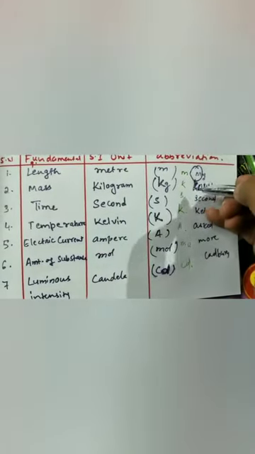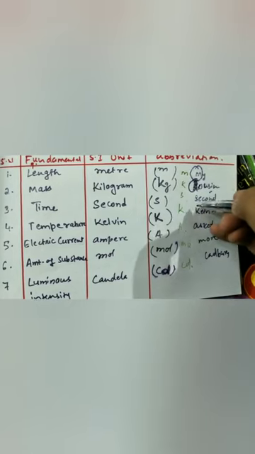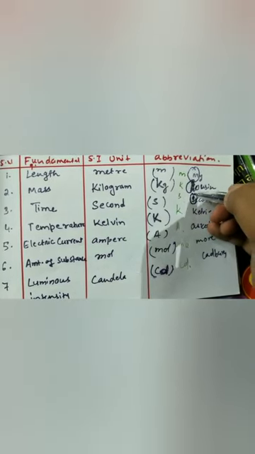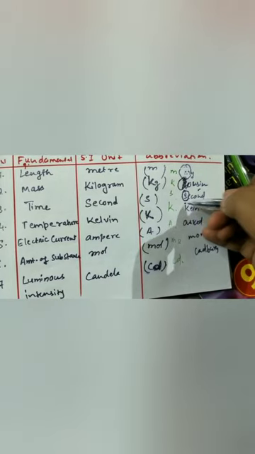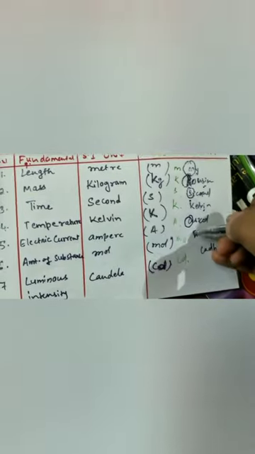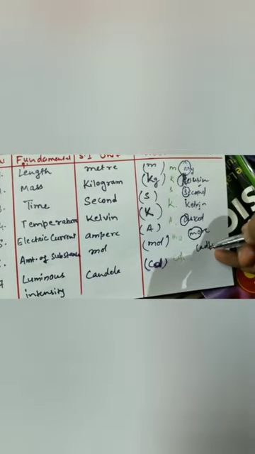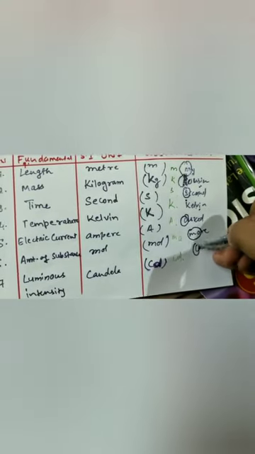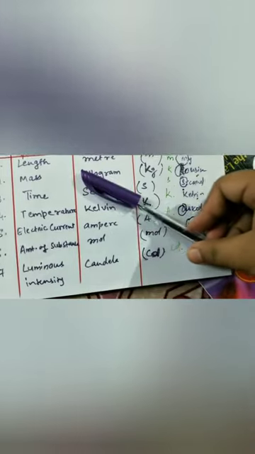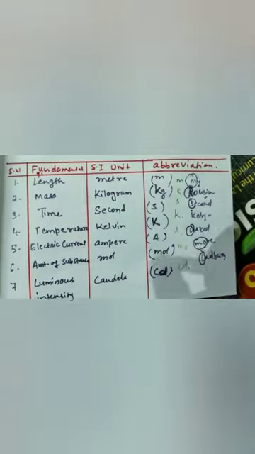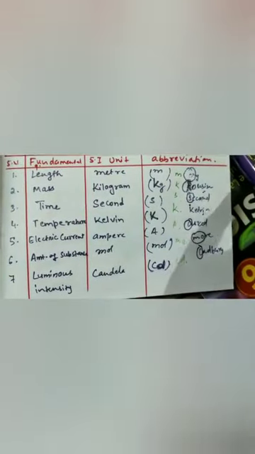M stands for meter, K for kg, S for second, then K for Kevin. Second and Kevin are written here. A for ampere, M for mole, and C for candela. So this is the formula for remembering. I hope it will be easier for you to remember this way.